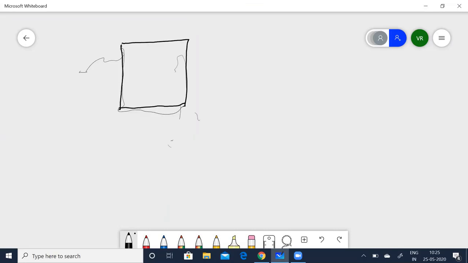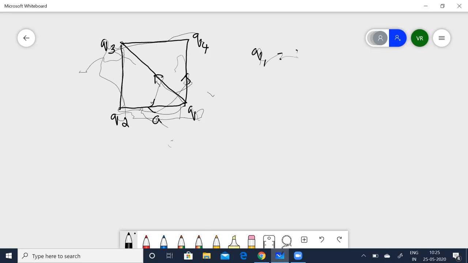So let the charge be Q1 here, Q2 here, Q3 here, and Q4 here. The force between the charges along the diagonal, Q1 and Q3, is along this direction as given by the arrow. Now let the side of the square be a. It is given that Q1 is equal to Q2 is equal to Q3.